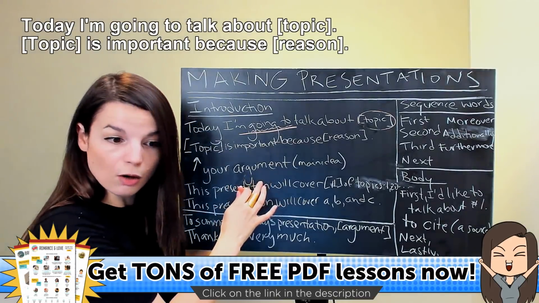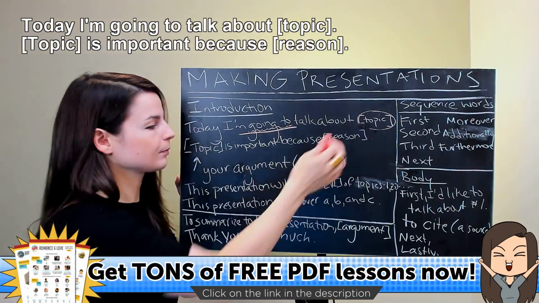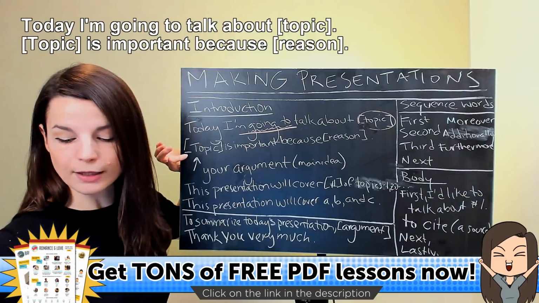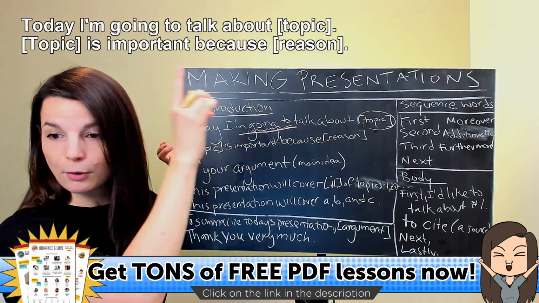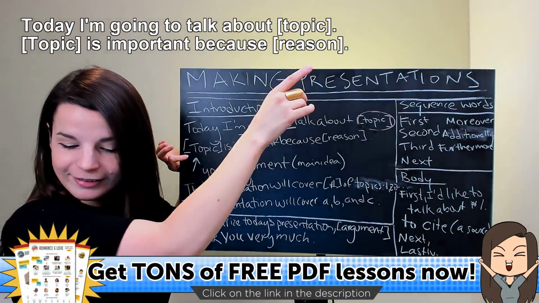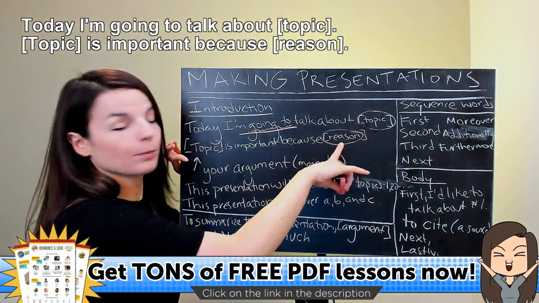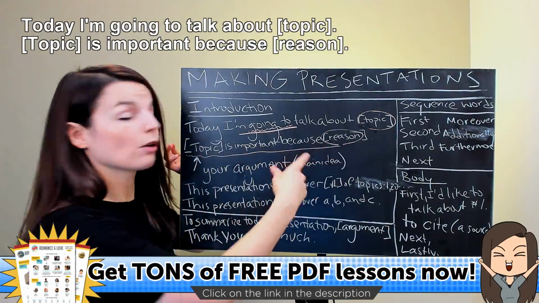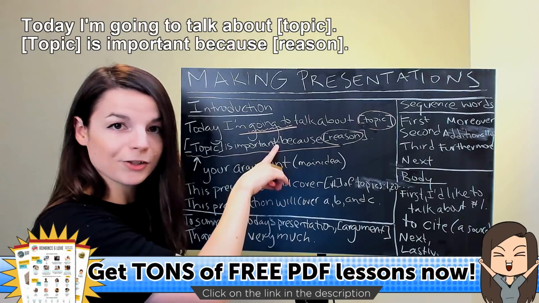After you introduce your topic, explain to your listener, why is that topic important? Here you can see too, topic is important because reason. Right here at the end of this expression, explain why. Your goal for this question is to answer, why should I care?